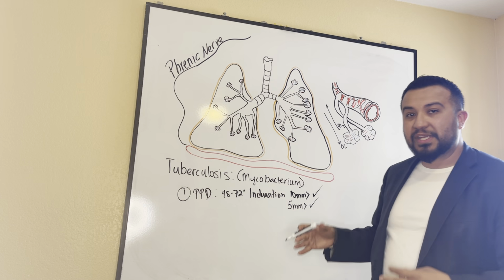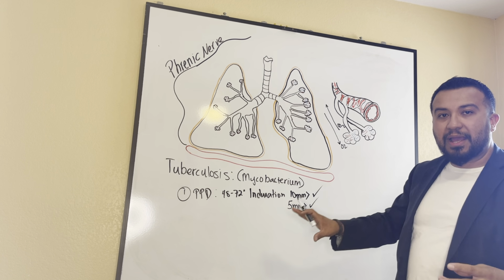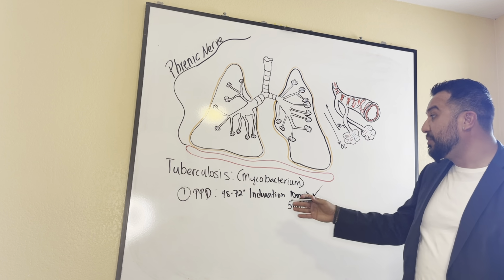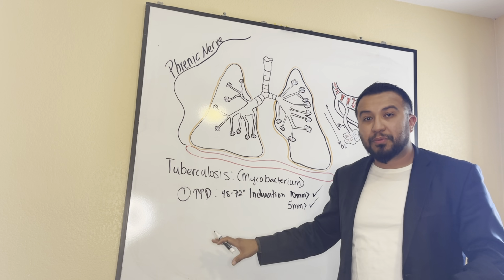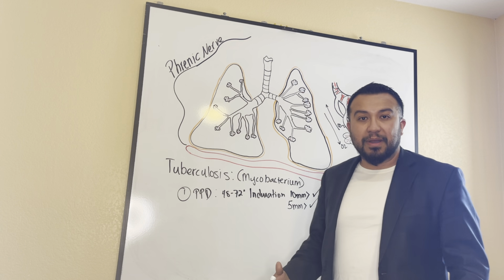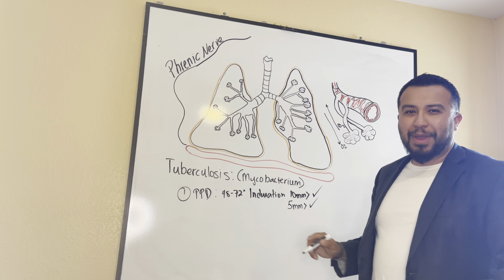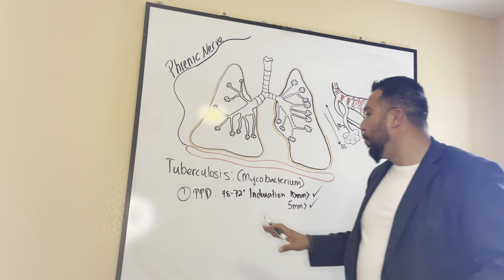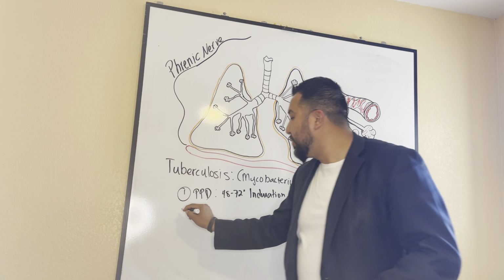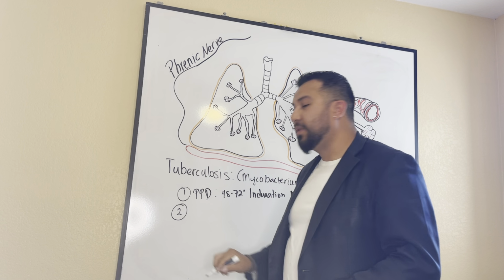Again, I want to emphasize, this does not mean that the patient has active tuberculosis. It just means that the patient has been exposed at some point, but they have the antibodies for that particular tuberculosis mycobacterium, right?